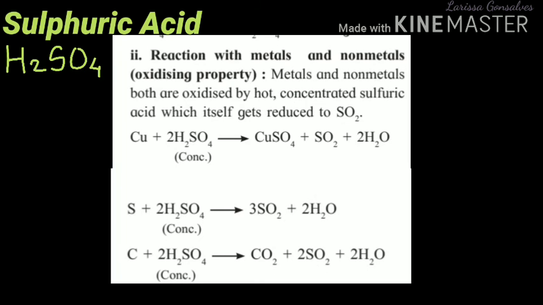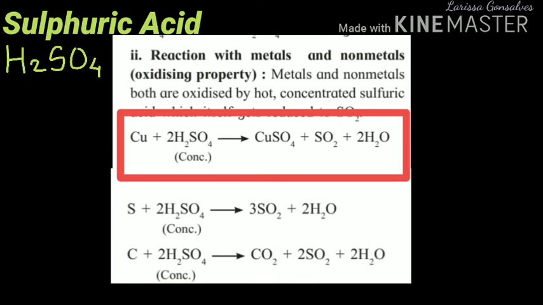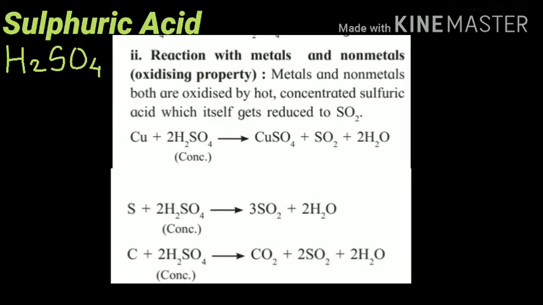Next is reaction with metals and non-metals. Metals and non-metals both are oxidized by hot concentrated sulfuric acid, which itself gets reduced to sulfur dioxide. So copper is treated with 2 times sulfuric acid, which gives the formation of copper sulfate along with sulfur dioxide and water. Here Cu will combine with SO4 forming the copper sulfate.